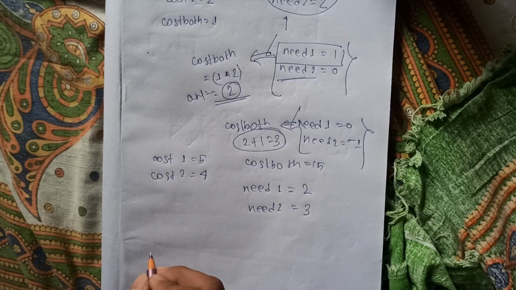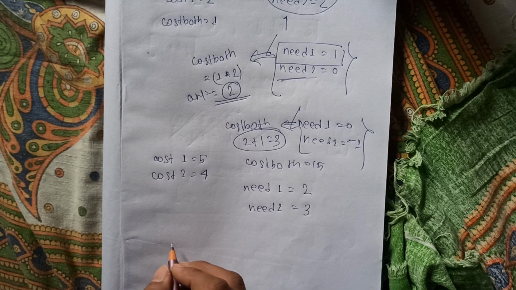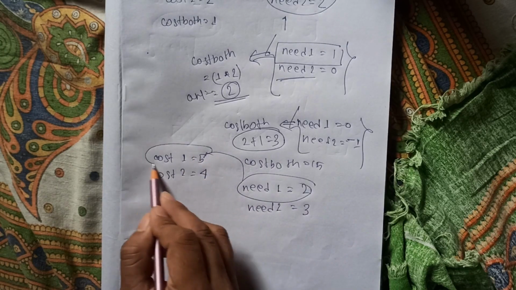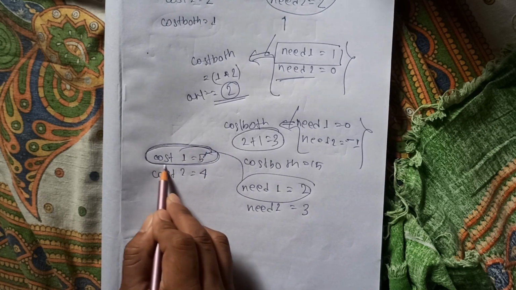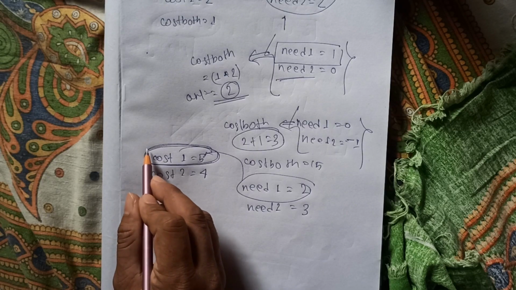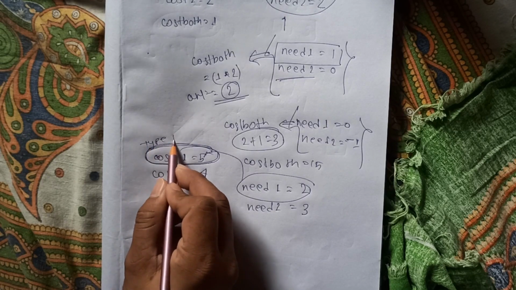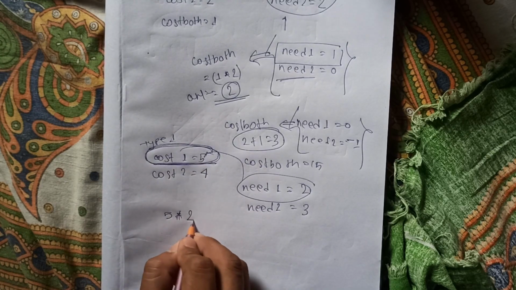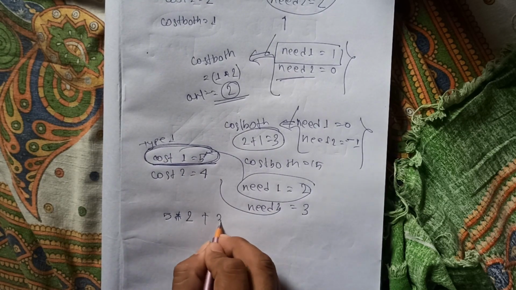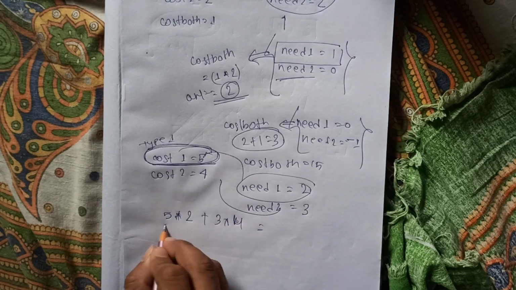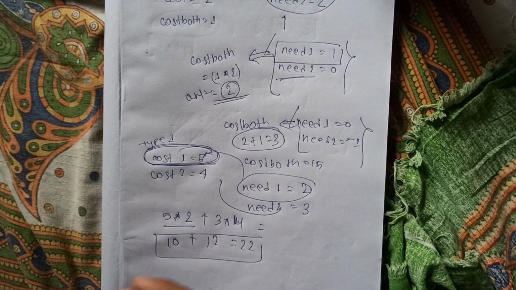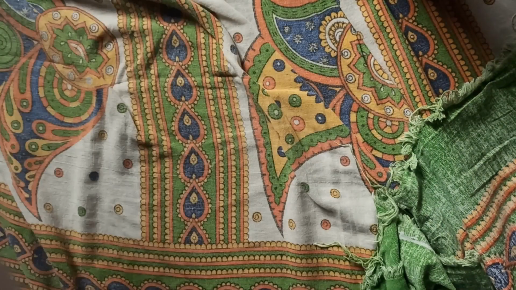So what we will do is use cost 1 for all the type 1 elements, and we can buy them simply at the cost of 5. So it will be 5 times 2 plus 3 times 4, which ultimately gives us 10 plus 12, which is 22. Now, why only these operations? Why are we changing our logic accordingly in every situation?